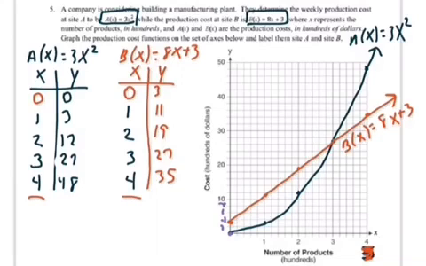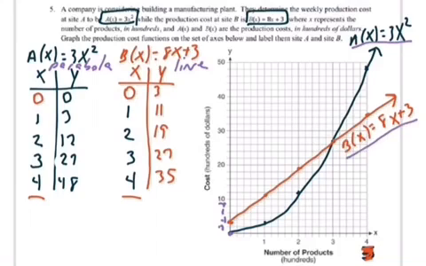So make sure you realize that when you're plotting your points, each one is going up by 2. Once you have everything graphed, don't forget to label with A of x equals and B of x equals.